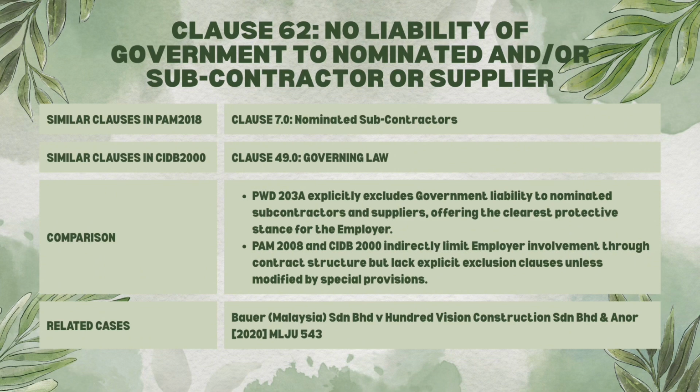Comparing the three, only PWD 203A explicitly includes a clause 62 excluding the government from any liability to nominated subcontractors and suppliers. The related case in this clause is Bauer Malaysia Sdn Berhad versus 100 Vision Construction Sdn Berhad and Anna.